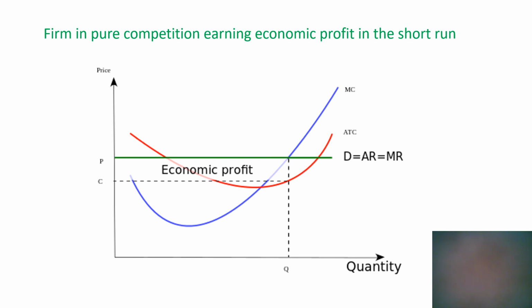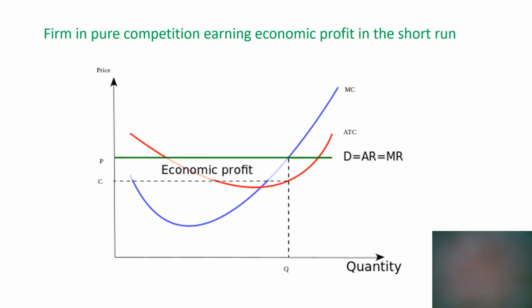When we come back to our diagram and take a look, we recognize that the demand curve is perfectly flat. It's also equal to price, also equal to marginal revenue, also equal to average revenue. And now when we draw in our marginal cost curve, where marginal cost and marginal revenue intersect, that's where we're maximizing our profit.